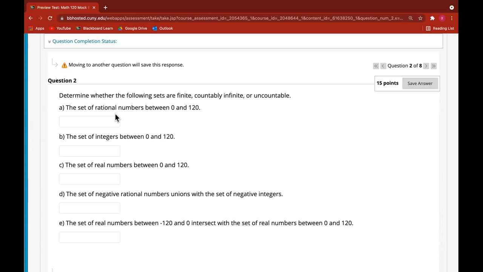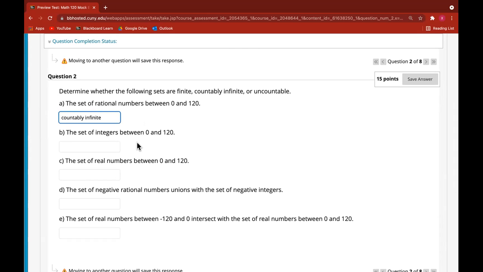Right, so we know there are infinitely many rational numbers between 0 and 120. So this is an infinite set, but it's countable because the set of rational numbers is countable. So when you take part of it from 0 to 120, it's still countable. So the answer will be a countably infinite set. Okay, now what about the set of integers between 0 and 120?